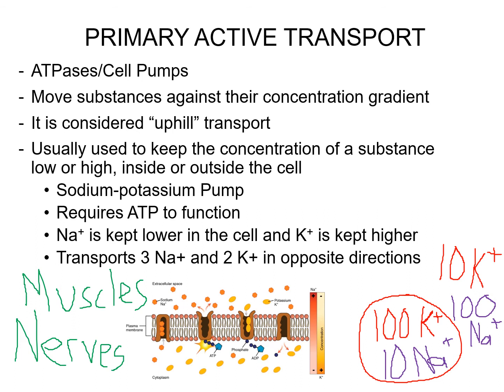So guess what happens when those ions mix together and become homeostatic, or in an equilibrium-like state, they become even. These muscles and nerves fire, they contract. So the nerves send messages, the muscles contract.